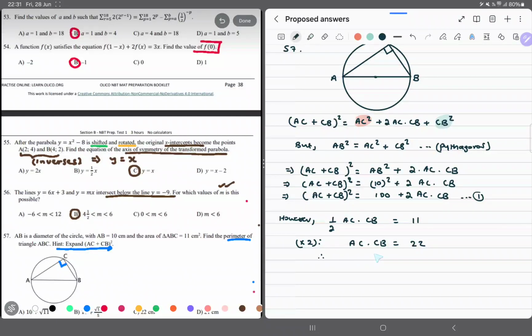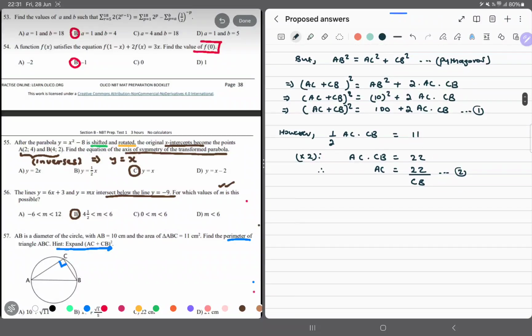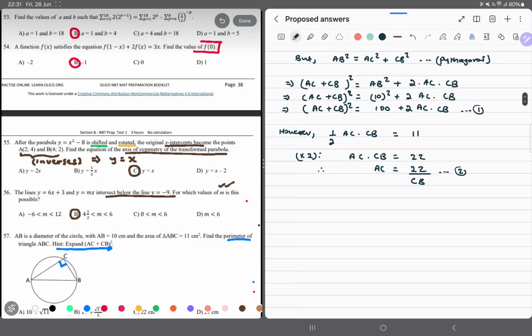Then we can express perhaps AC as 22 over CB. One could have chosen any other, and make this equation 2. Okay, again, if you noted, we're usually doing simultaneous equations. We can say here, if we put equation 2 into equation 1, what do we get?